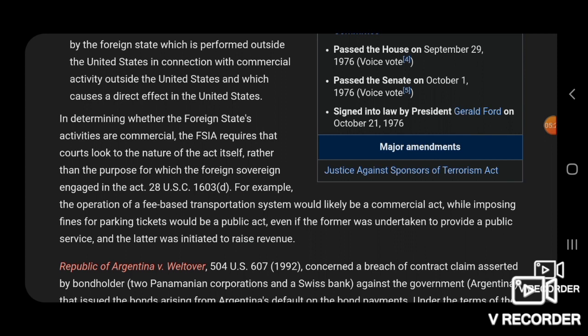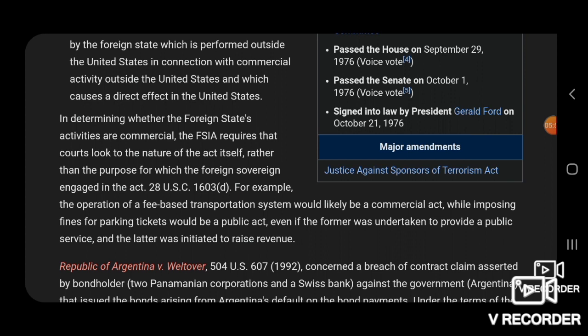All right. So now, imposing fines for parking tickets would be a public act. Yes, that would be considered a public act. But that is only if the party who happens to be a defendant from that public act is being charged.